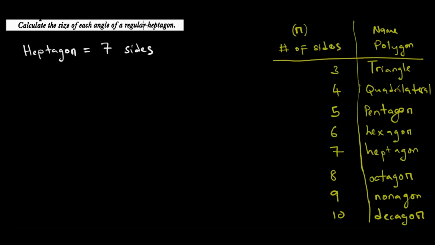I gave an example using an equilateral triangle where every side has the same length, and we saw that every interior angle is 60 degrees. We also used a square, and saw that having 4 equal sides means every interior angle is 90 degrees. So that is important. Looking at that question: calculate the size of each angle of a regular heptagon.